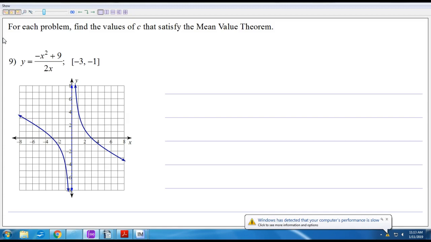These I can combine, so that's -2x squared minus 18 over 4x squared equals -2 over 1. Then if I cross multiply, this will give me negative 2x squared minus 18 equals negative 8x squared.